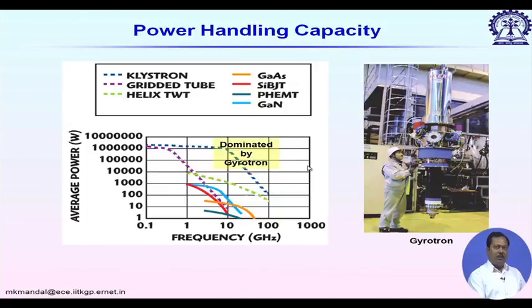Here is one chart which relates average power versus frequency. In this chart we are comparing different types of tubes and different types of solid state devices.